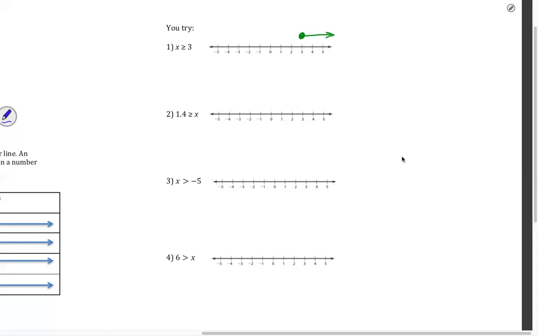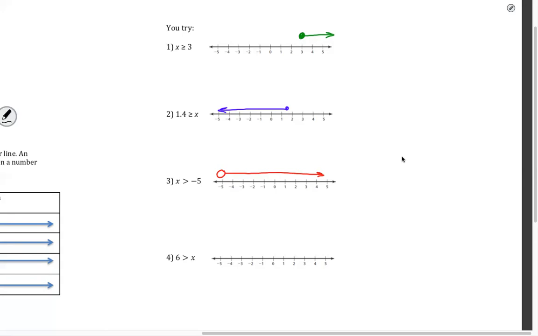Here, for number 2, line under, closed circle. I'm not eating the X. I'm shading to the left. 1.4, that's right about there. So it's a closed circle, and I'm shading to the left. Number 3, no line under, open circle. I'm eating the X, so that means I'm shading to the right. So open circle, shade to the right.